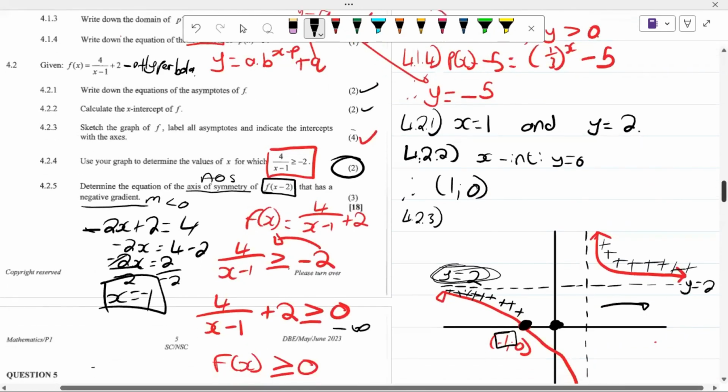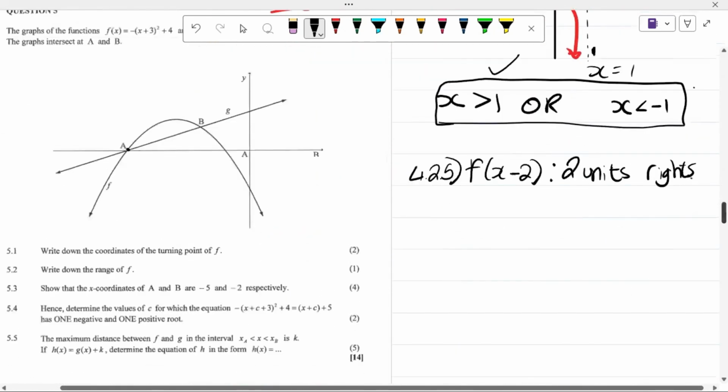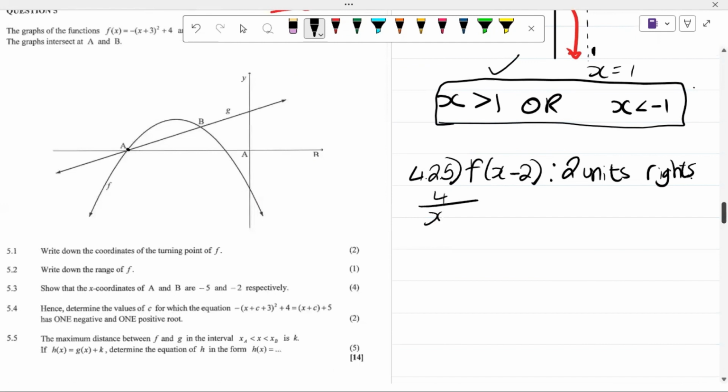So I'm just going to start by finding that graph. It's basically my f of x, which is 4 over x minus 1 plus 2, then 2 units to the right. What is that in my graph? Okay, let's say I'm at 0.